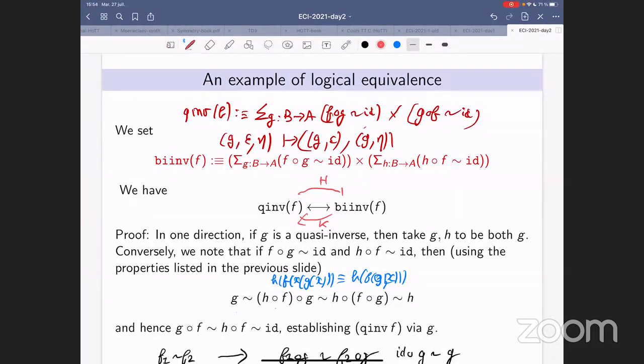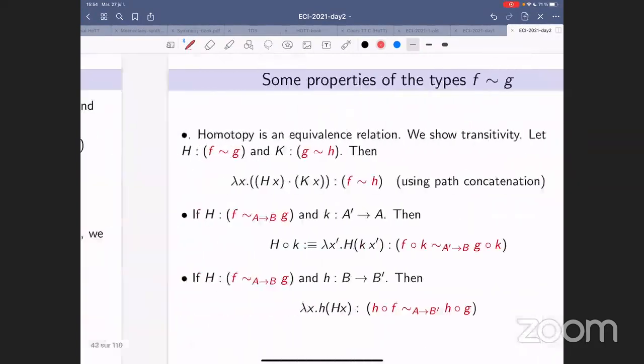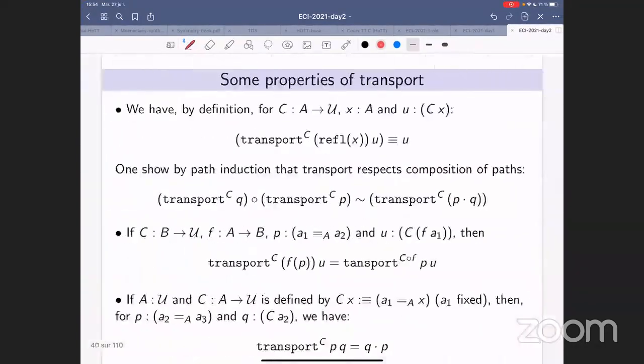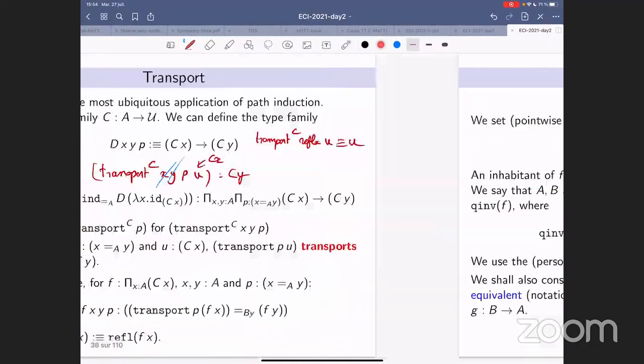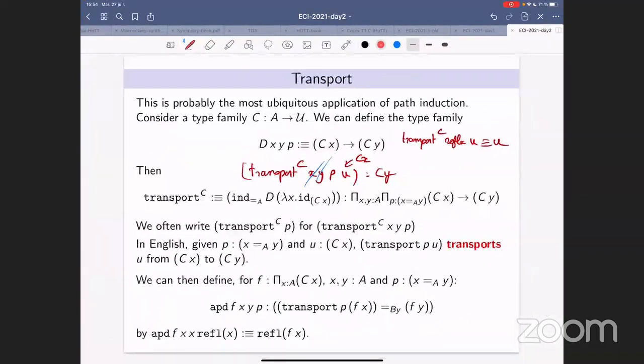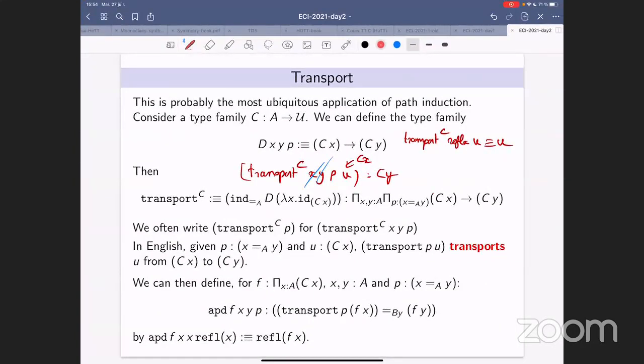Okay, so good. Now let's take back the normal course of the course. What I promised to do right after defining transport was to play with transport and try to give some properties of transport.